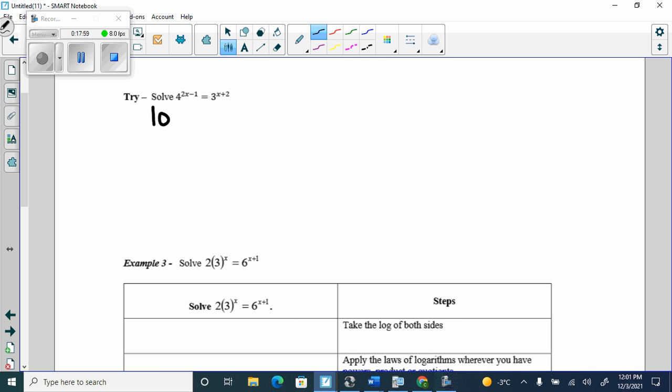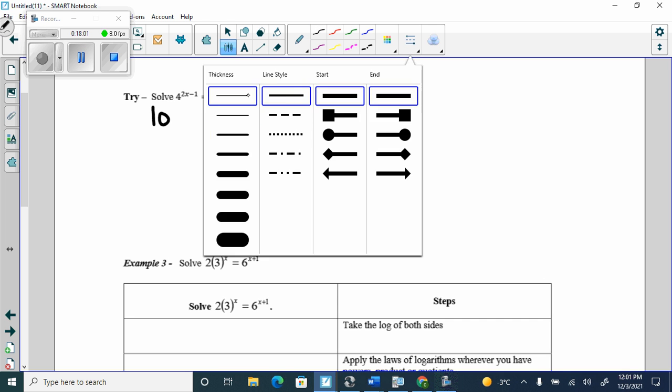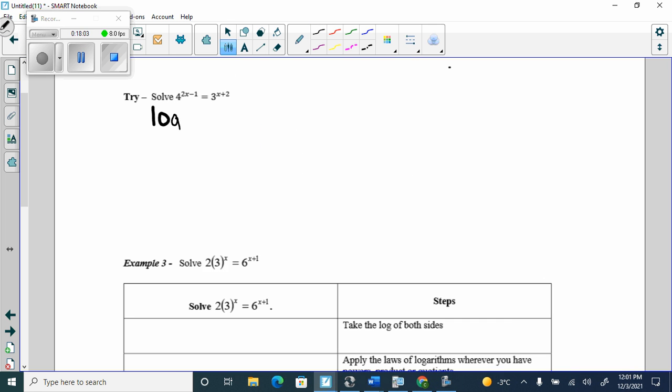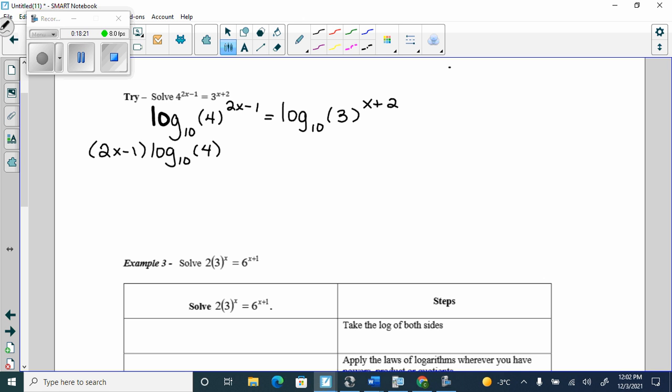So we're going to go log base 10 of 4 to the 2x minus 1 equals log base 10 of 3 to the x plus 2. Drop it in front: 2x minus 1 times log base 10 of 4 equals x plus 2 in brackets times log base 10 of 3.